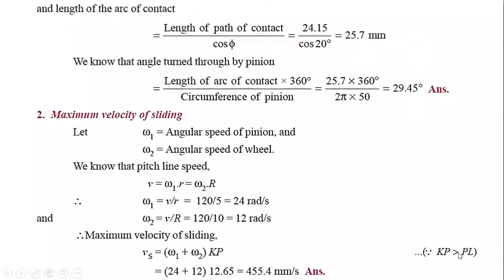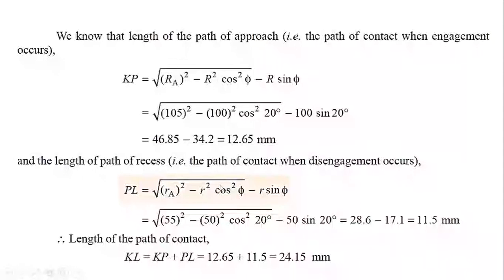Here you have to compare the values of KP and PL. Here KP is greater than PL, so you have to use the value of KP. Suppose in this question they ask for the minimum velocity of sliding, you will use the value of PL. Only the greater value is used for maximum, comparing KP and PL.